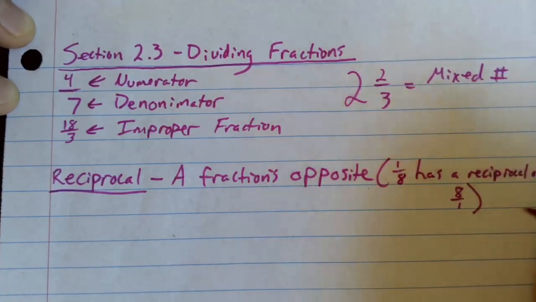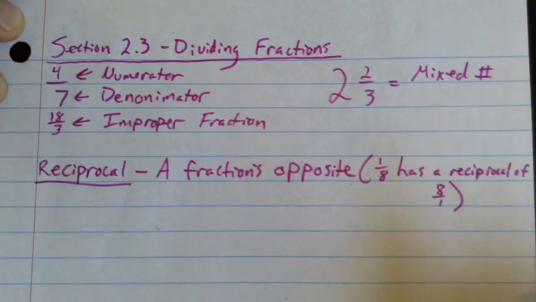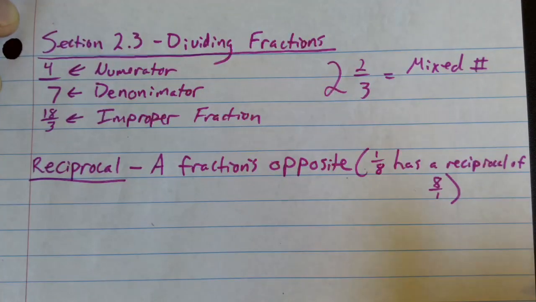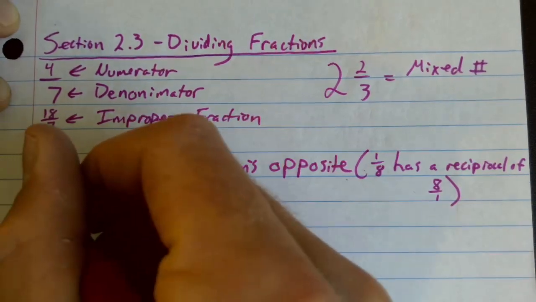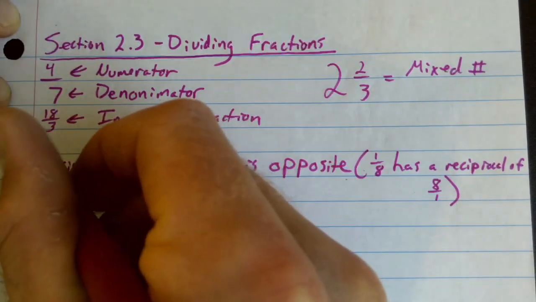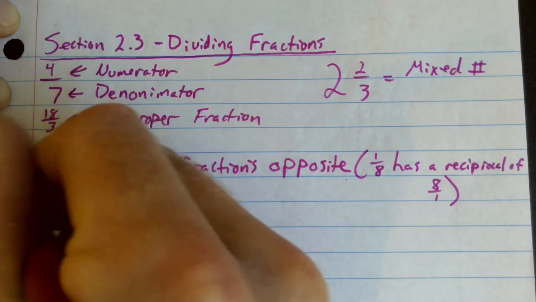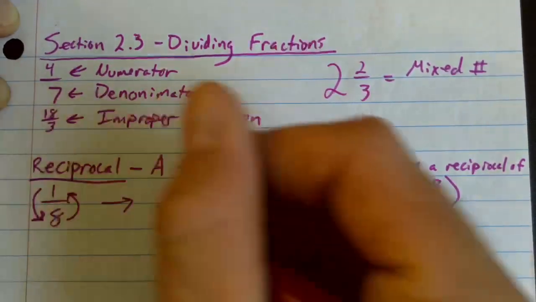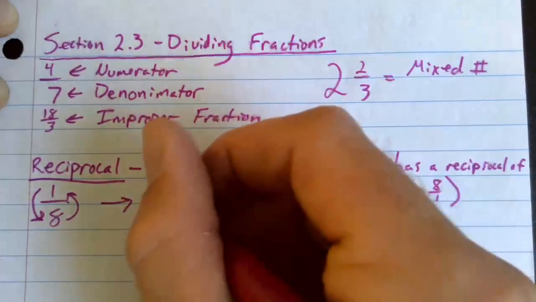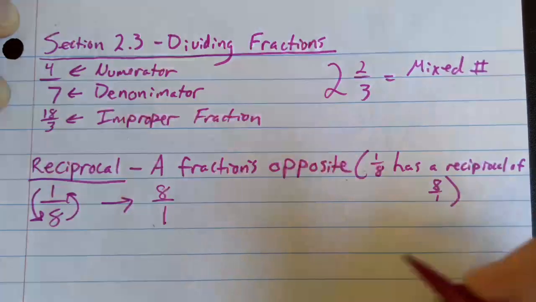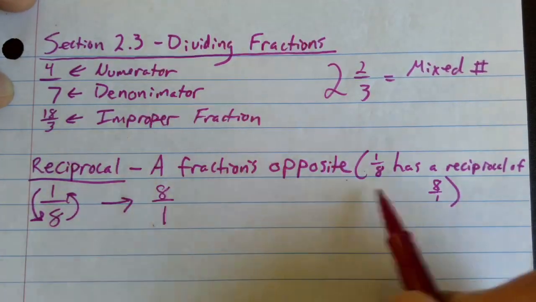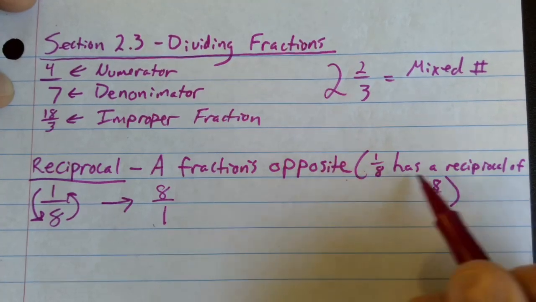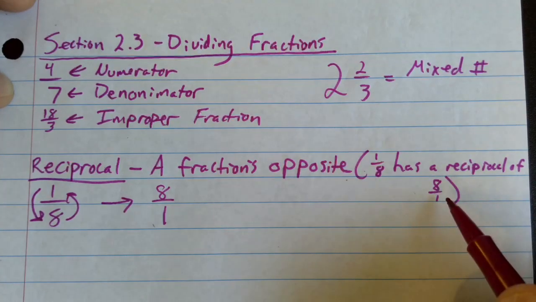So we see 1 over 8, and we just flip. Our denominator goes on top, and our numerator goes on the bottom. So our reciprocal of 1 over 8 is 8 over 1.